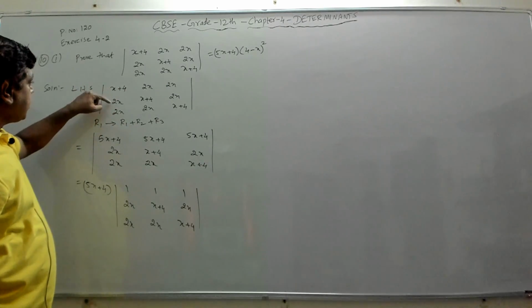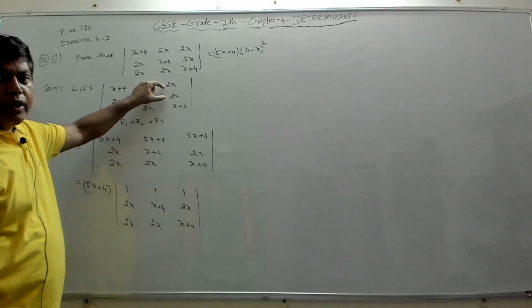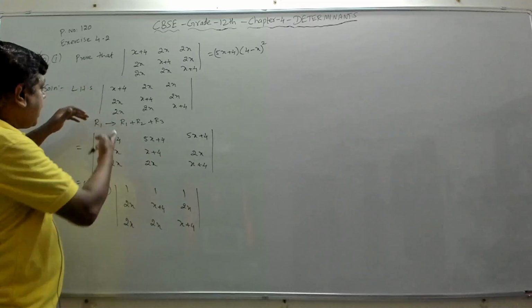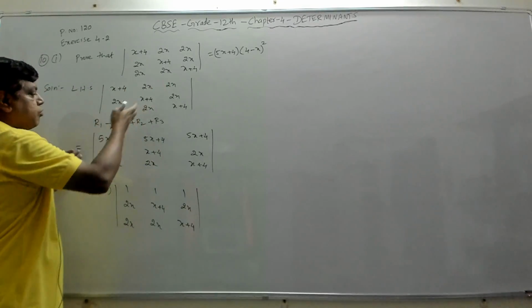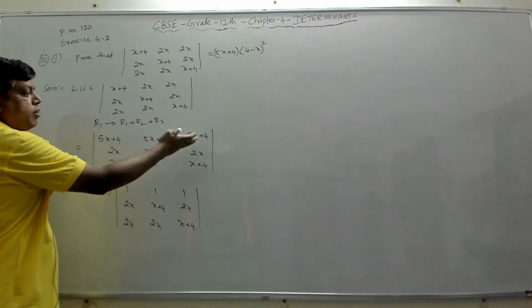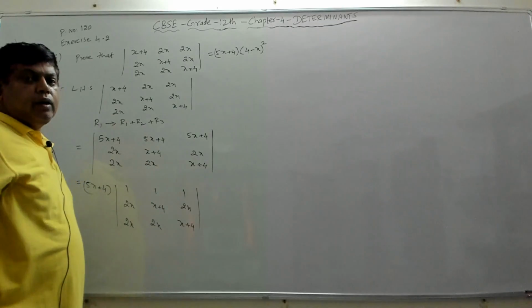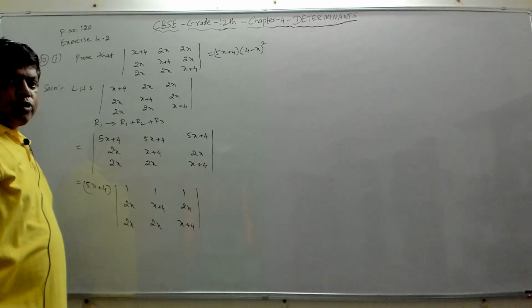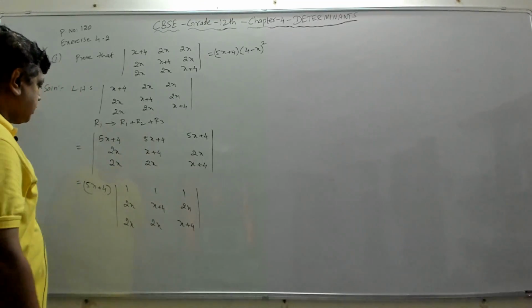Here it doesn't, because if you add these two, you will get 3x plus 4, 3x plus 4, but here you get 4x. So adding 2 rows doesn't help. So we'll add all 3 rows, and we see that all the elements of row 1 become 5x plus 4. The moment you see a particular row or column having the same elements throughout, it is easy to evaluate that determinant.